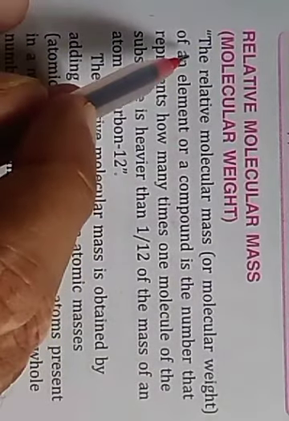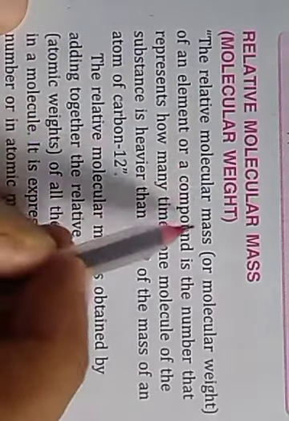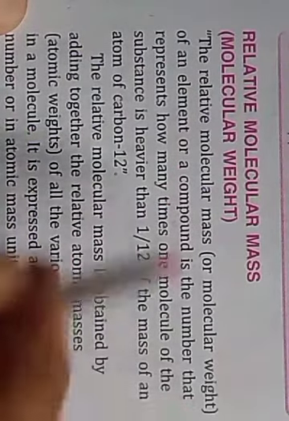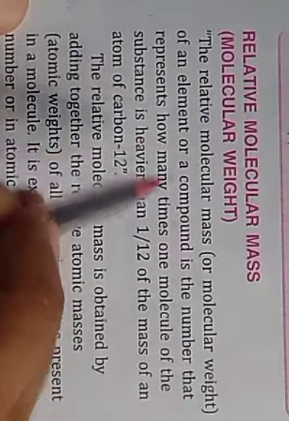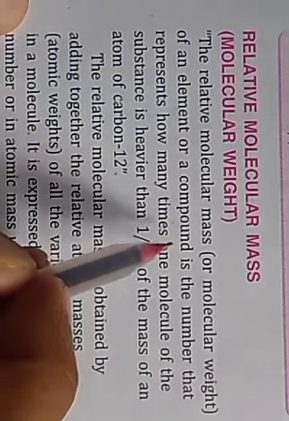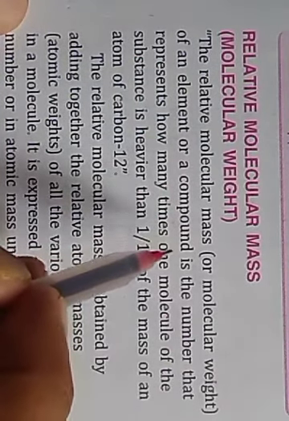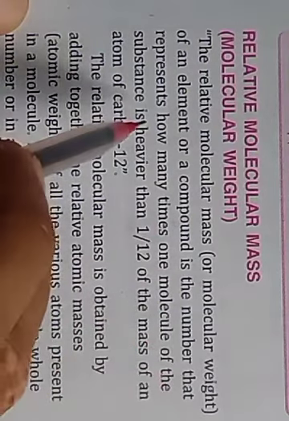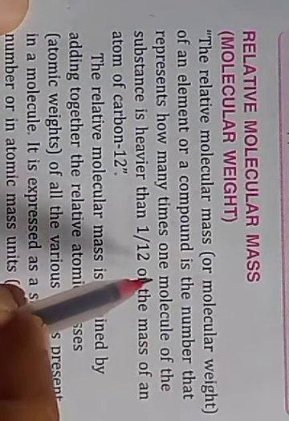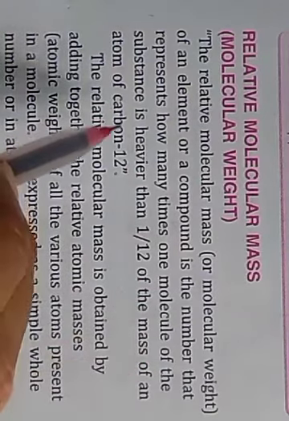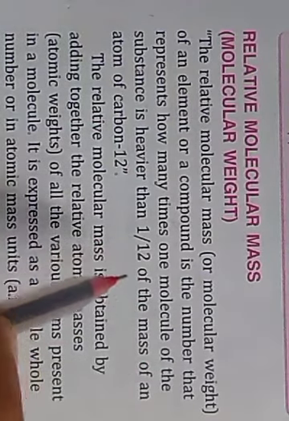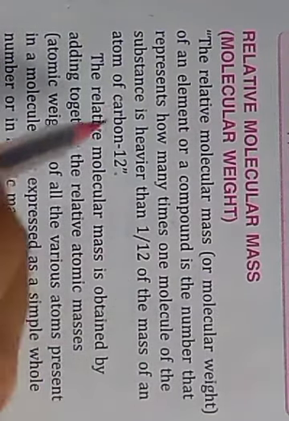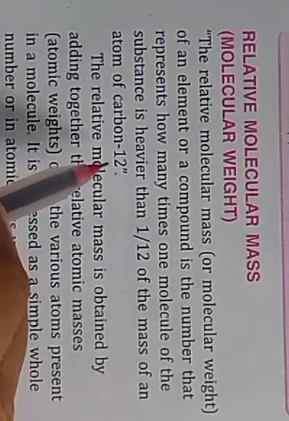The relative molecular mass or molecular weight of a compound or molecule is the number that represents how many times one molecule of the substance is heavier than 1 by 12 of the mass of an atom of carbon 12.